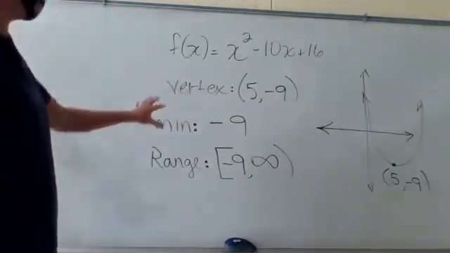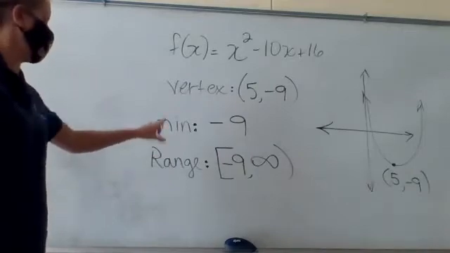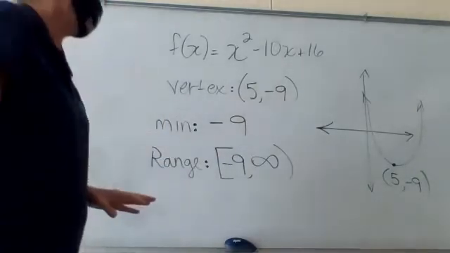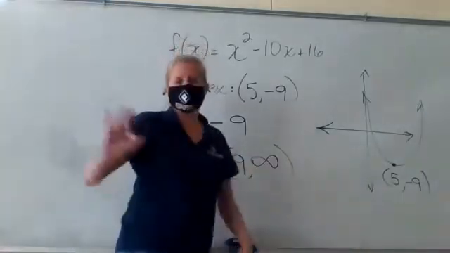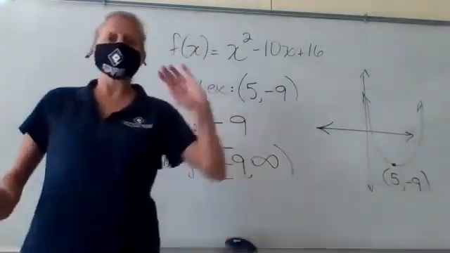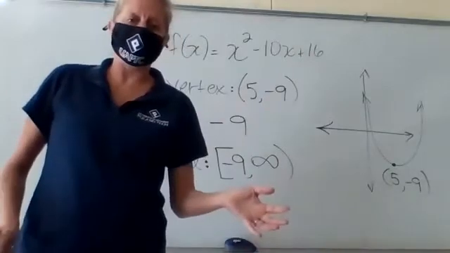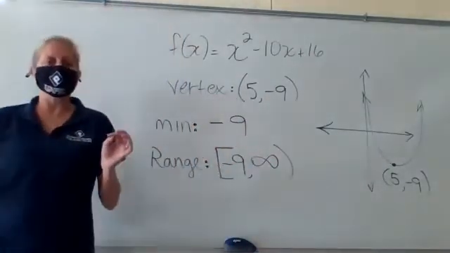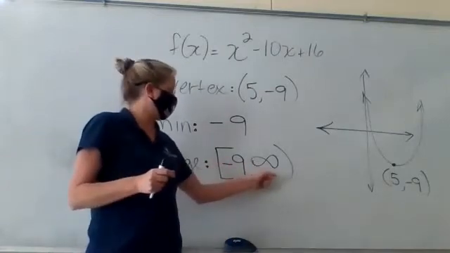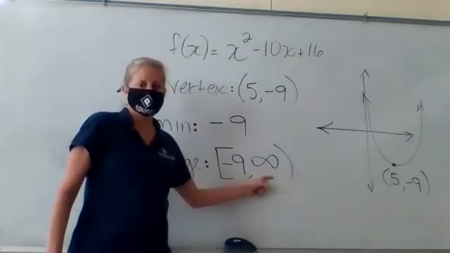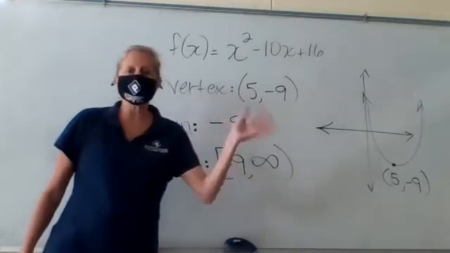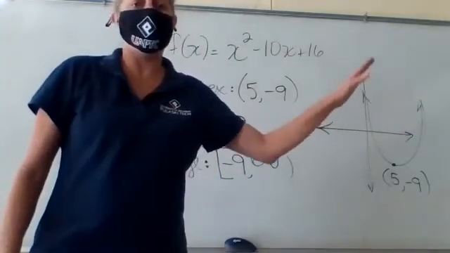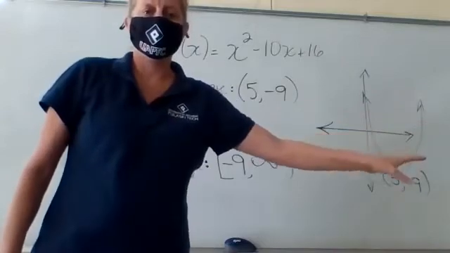So why does one part of this range have a bracket and the other part have a parenthesis? Well, first of all, infinities, whether they're negative infinity or positive infinity, always use a parenthesis because the difference between using a parenthesis and a bracket is whether or not you want to include this number. You can't, infinity is not a specific number. You can't include infinity. Infinity just means on and on forever.